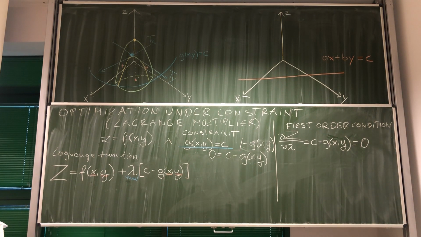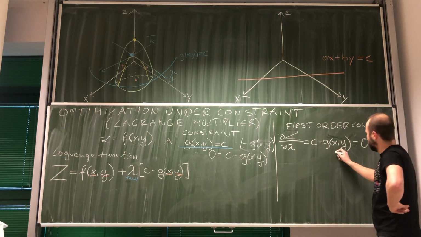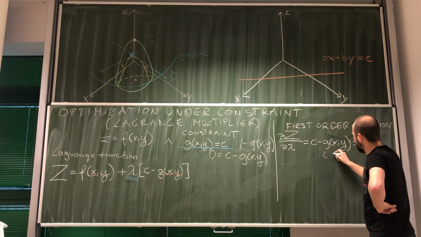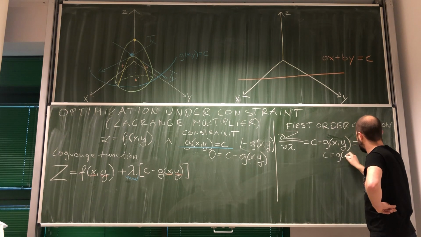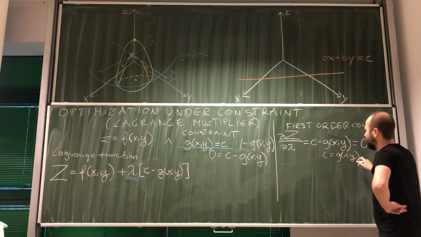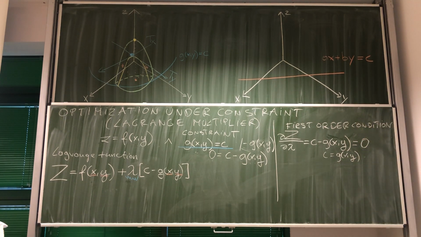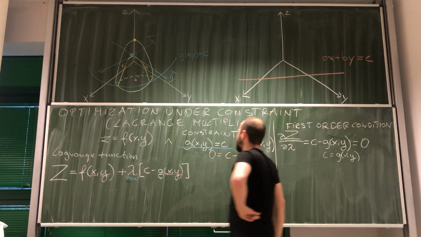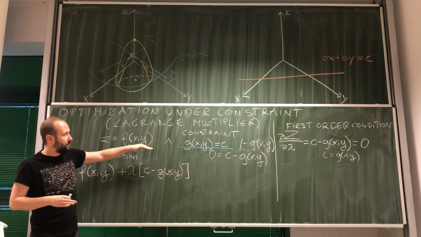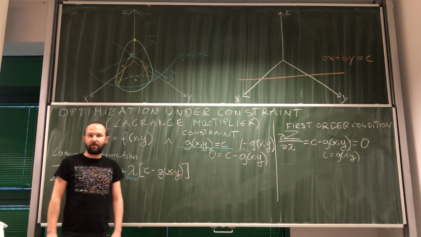But look, haven't we seen this somewhere? Look, if I solve this for c, I'm getting that c is equal to g(x, y). So look, what we get over here is nothing more than a repetition of the constraint that we had over here.